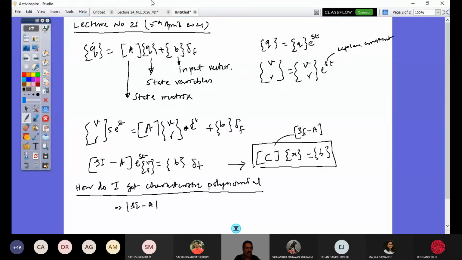The characteristic equation has a useful form for stability analysis, where, like we represented understeer gradient, you would be able to represent a stability factor. So let us now find this characteristic equation: I find the determinant of SI minus A and equate it to 0.